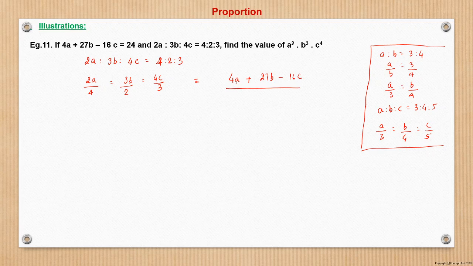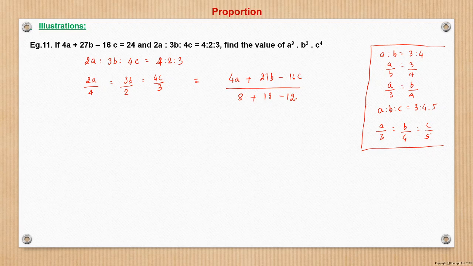So 4a is 2 times 2a. So here also denominator will be 2 times 4, so 8. Then 3b, it is 27b, so 9 times. So here also it will be 9 times 2, so 18. Then here 4c and 16c, so that is minus 4 times. So denominator also minus 4 times, which is minus 4 into 3, minus 12.